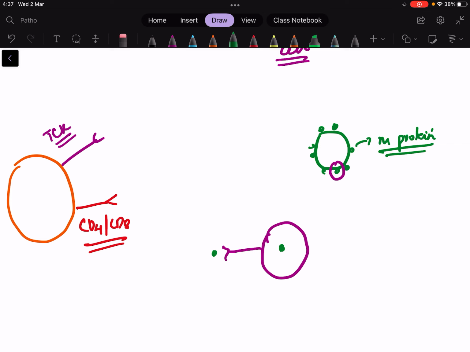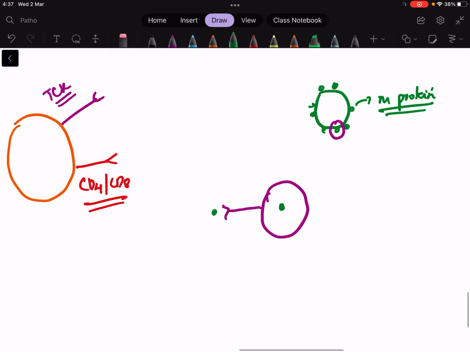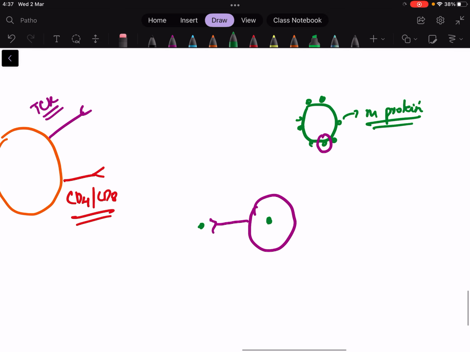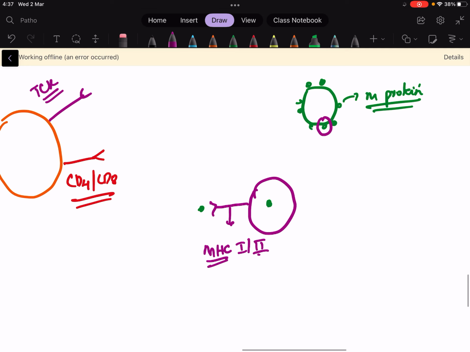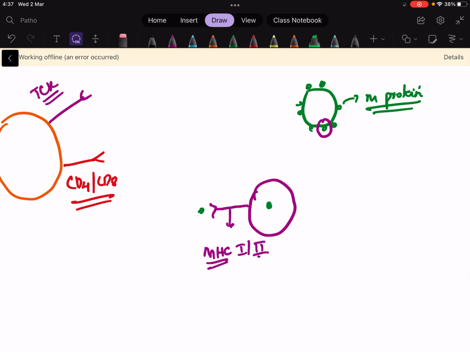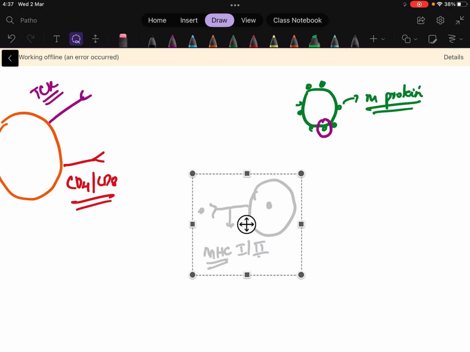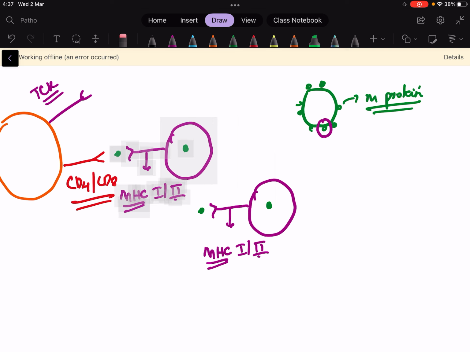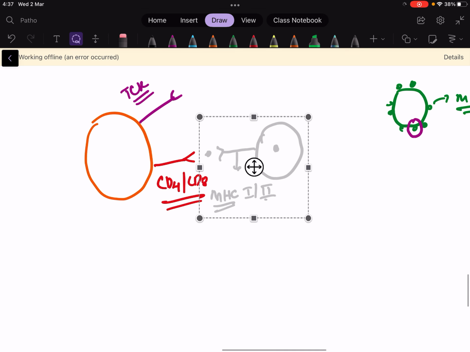It digests the M proteins or the antigen, and once it is digested, the peptides are shown on the surface of the cell with the help of a receptor called MHC. It can be type 1 or type 2. I will discuss this in future lectures. So the dendritic cell will go and present this to the T cells.